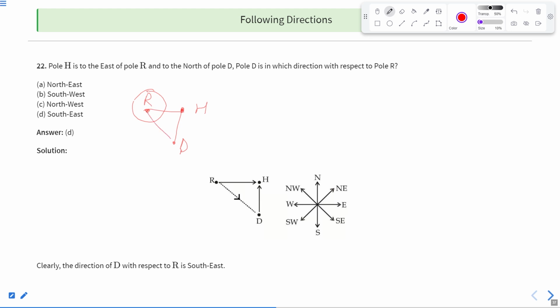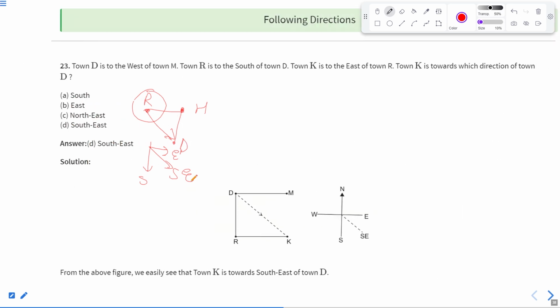R is a focus, D is down and to the right. So southeast. Southeastern is our answer. D.